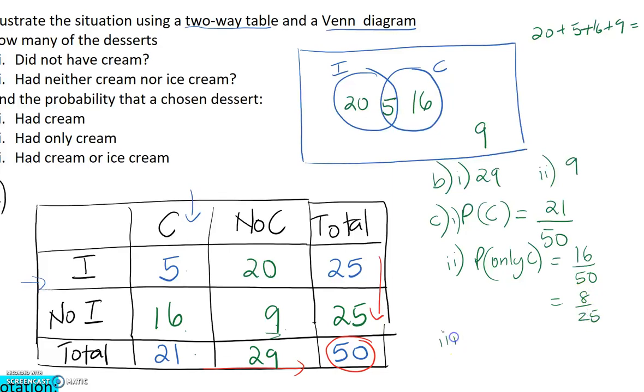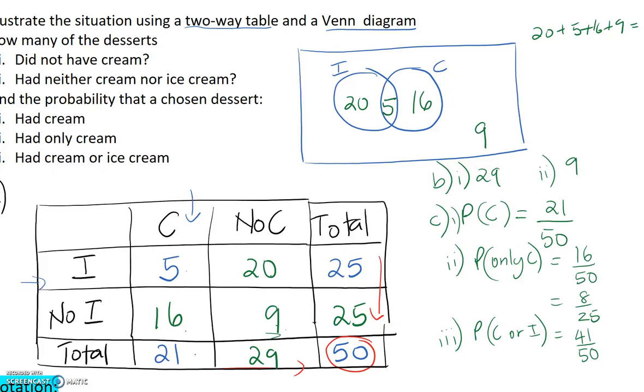And the third one, the probability that they had cream or ice cream. So that means everything inside the two circles, 25 plus 16, so let me write that down, probability of cream or ice cream. That means they had either the ice cream or the cream, and that would be equal to 41/50.